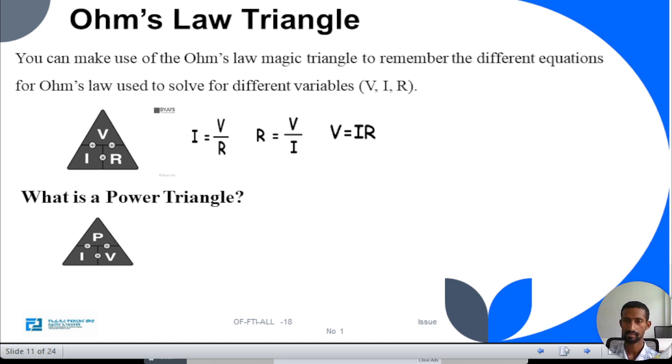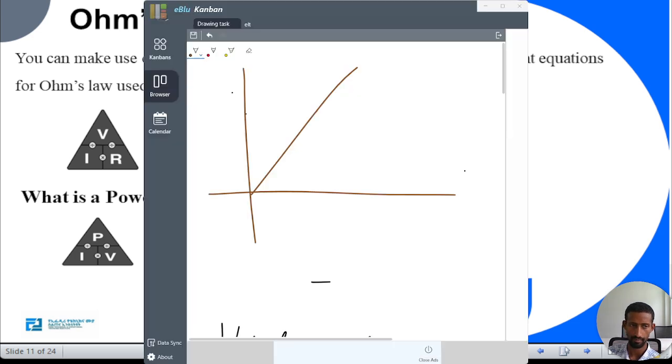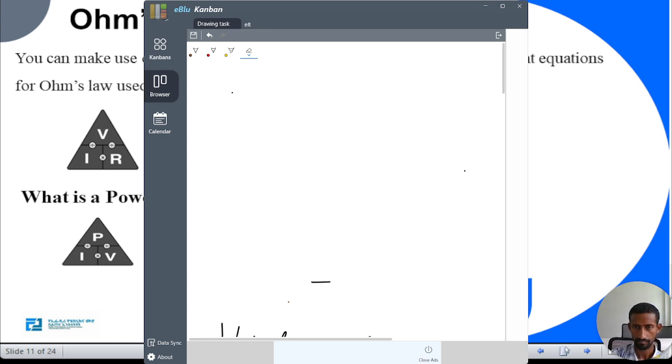The other way to memorize Ohm's law is to use the Ohm's law triangle. Let us show you what it looks like.